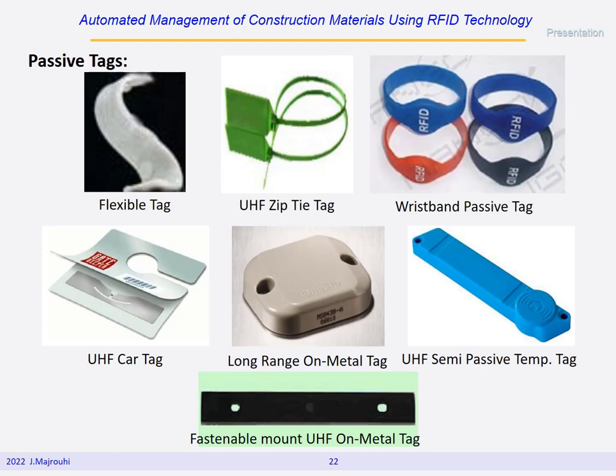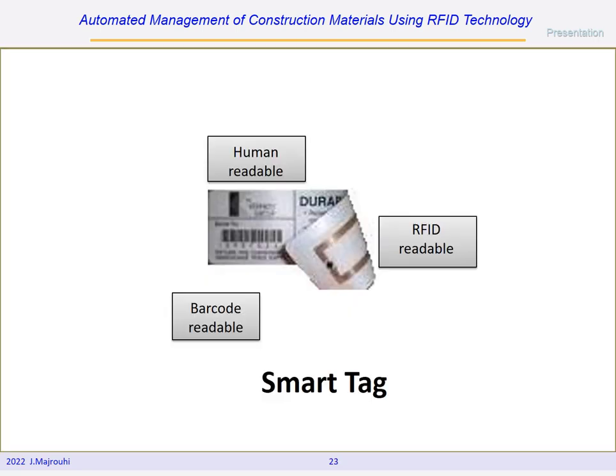And here we have some shapes of passive tags used in the industry. Smart tags have three parts. One part is readable for humans, another is readable for barcode readers, and the other is readable for RFID readers.